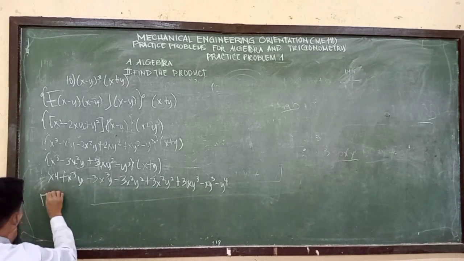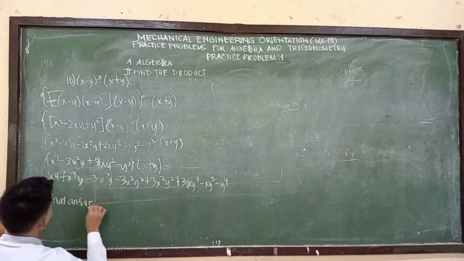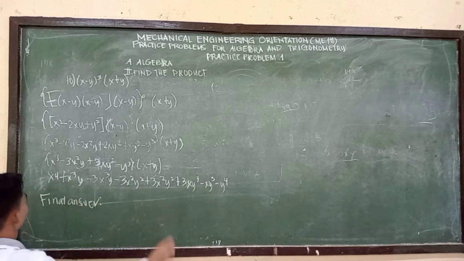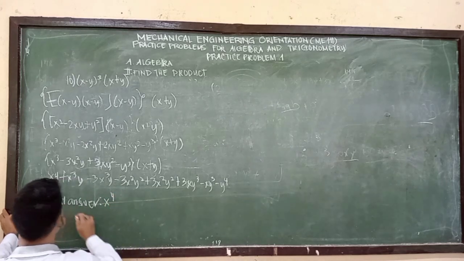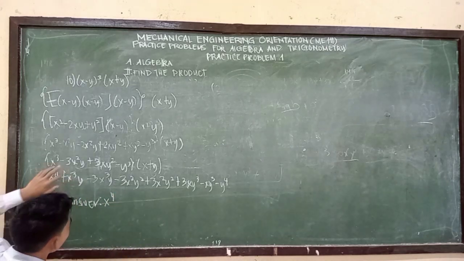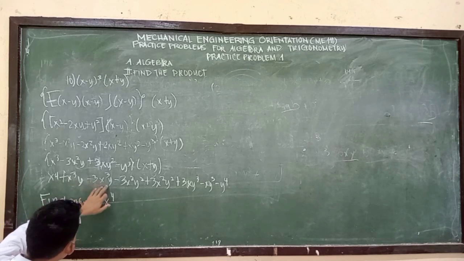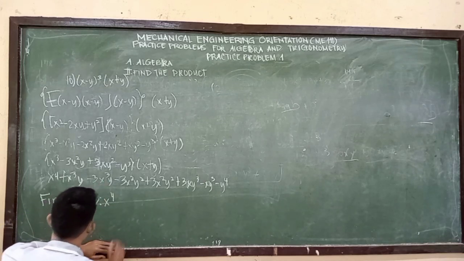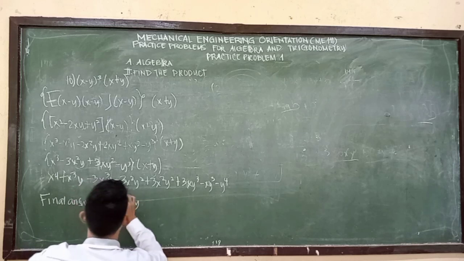For our final answer, we have to combine like terms in this equation. x to the fourth, x cubed y minus 3x cubed y is negative 2x cubed y.